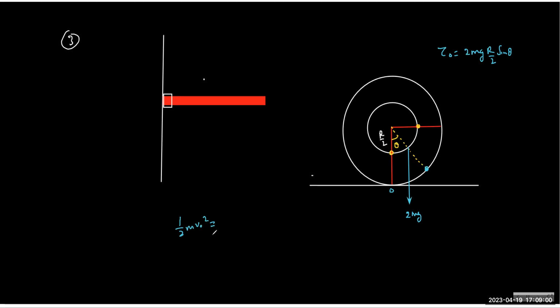We are not supposed to conserve the momentum also, because we have an external force. So half m v naught square is the initial energy, and the final energy will be how much? mgh plus maybe some kinetic energy of the system. And this is what we have to think about in the energy relation.